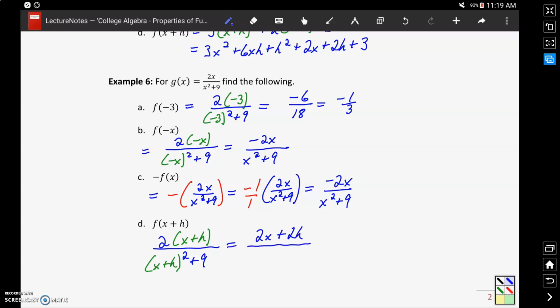Distributing through in the numerator would give us 2x plus 2h, and expanding out in the denominator would give us x squared plus 2xh plus h squared plus 9.